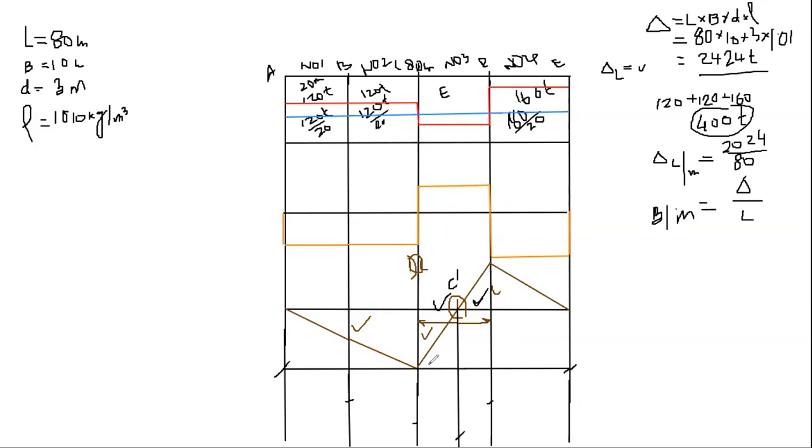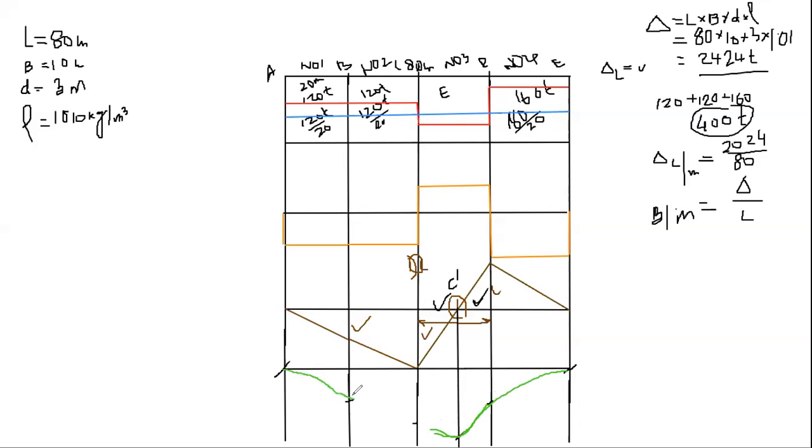So if you draw the curve, this will be the maximum value. It will be like this. This curve, if you draw, will be a smooth curve.